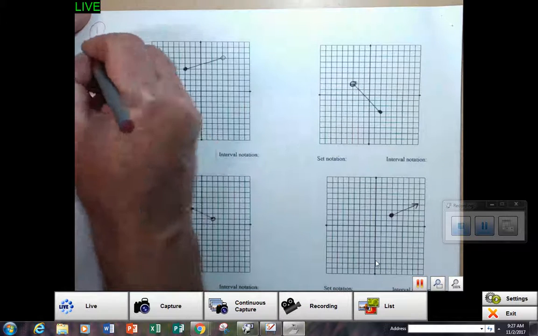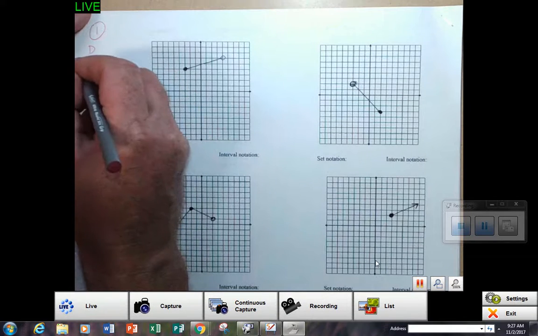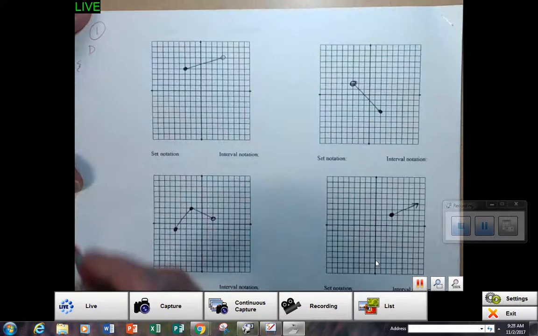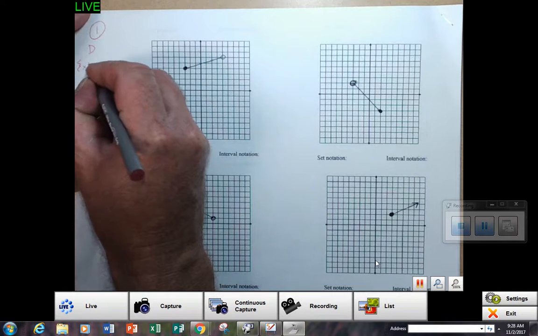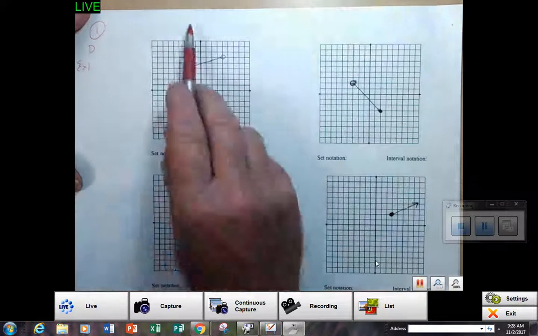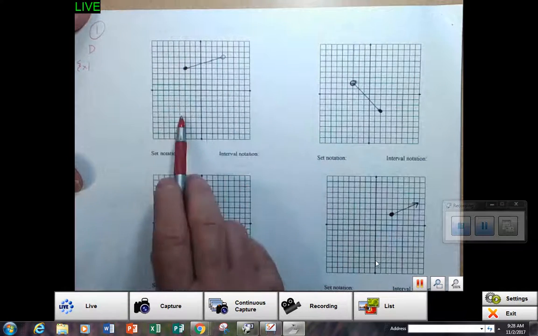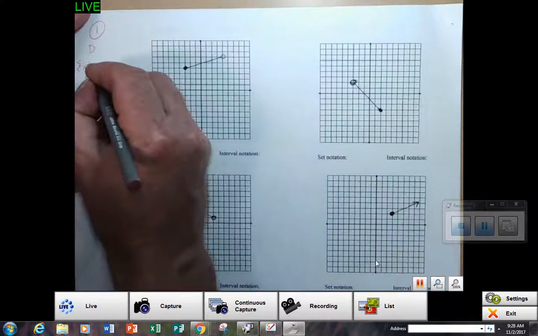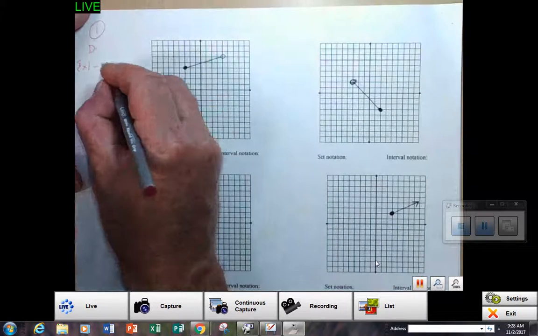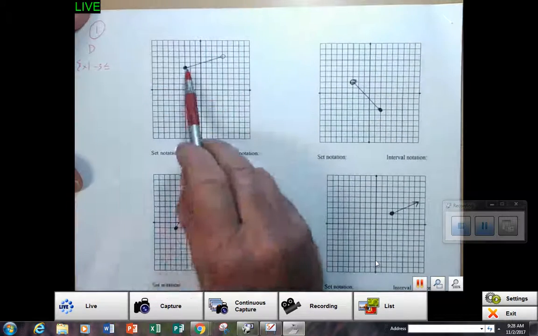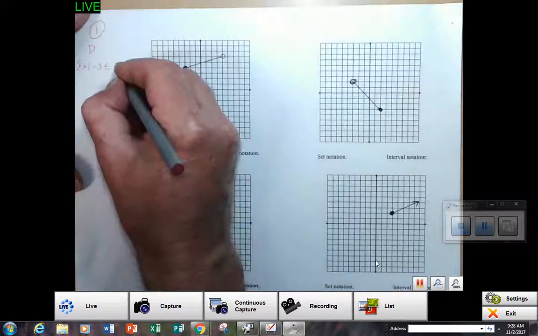My domain for set notation: x is an element of, and then I go from left to right. Looks like from -3 on the x-axis. That's going to be less than or equal to because of that dot right there. Put my x in the middle.